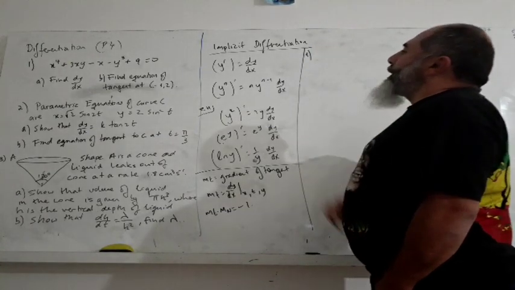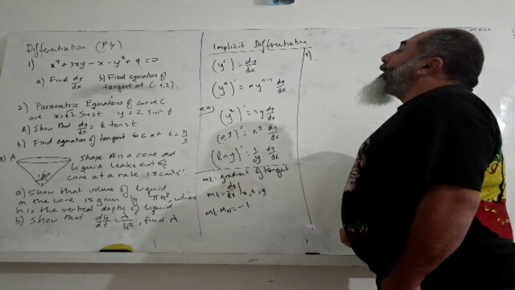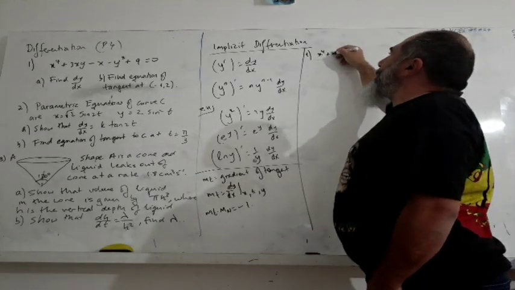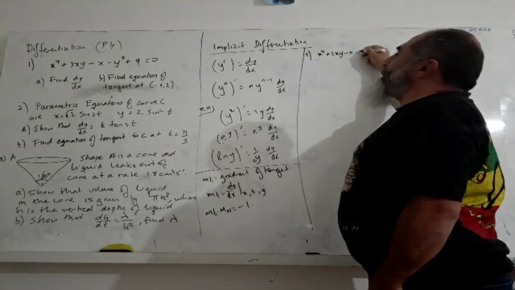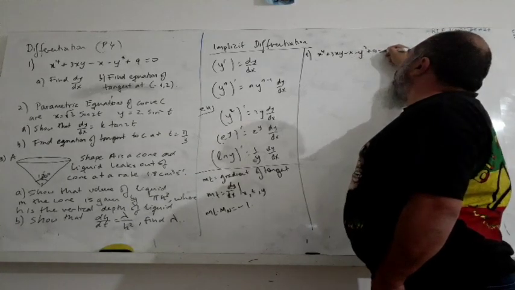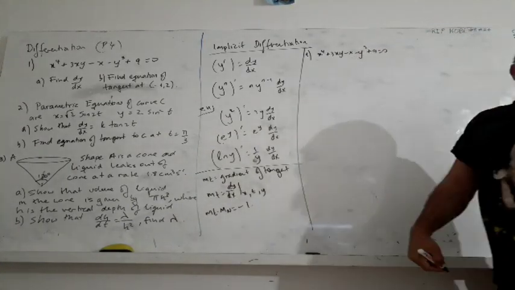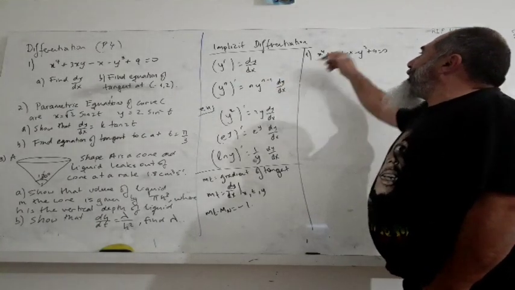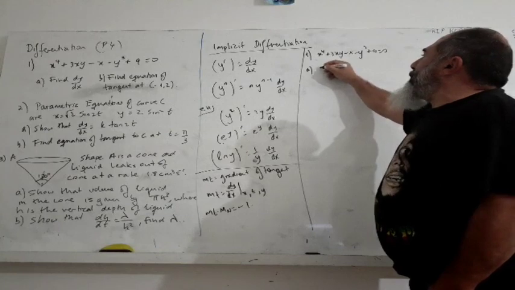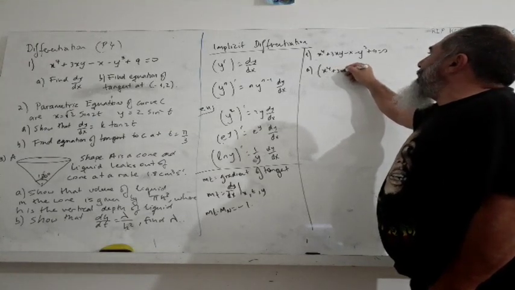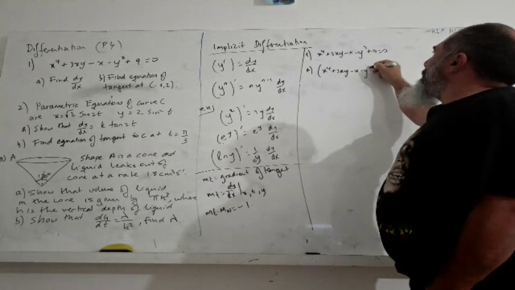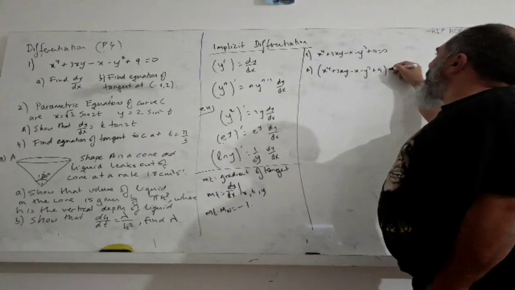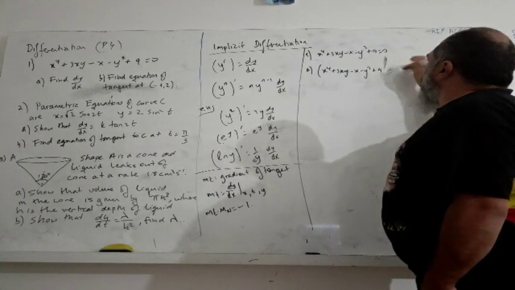x to the power of 4 plus 3xy minus x minus y cubed plus 9 is equal to 0. To be able to find dy over dx, the first step is to find dy over dx. Take the derivative. What is derivative of x to the power of 4?